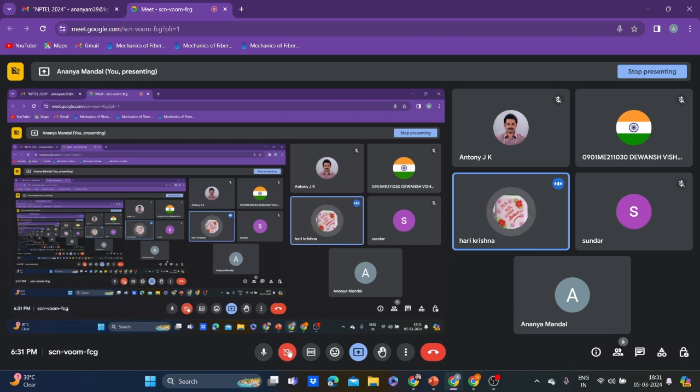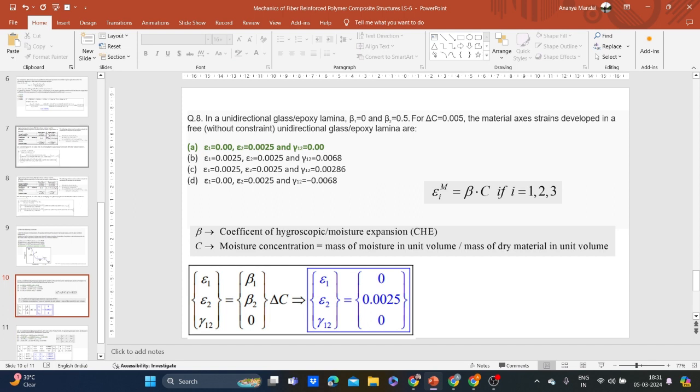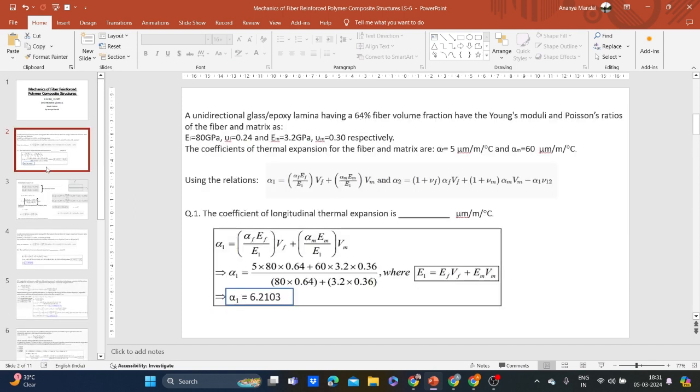I mean, problem number one. First question. Yes. In problem number one, in the assignment they have given minus 1.3 as the thermal expansion coefficient of fiber.